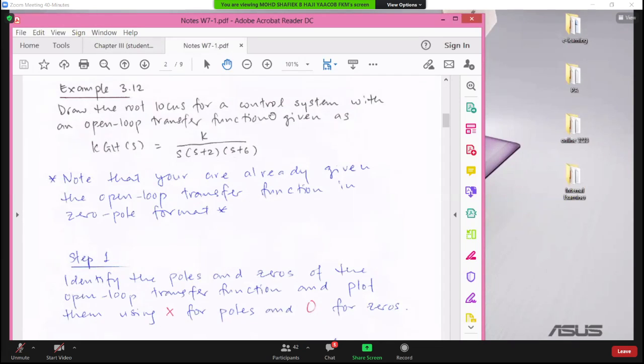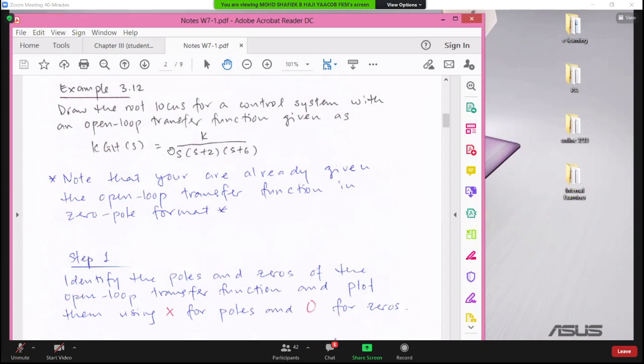Draw the locus for a control system with an open loop transfer function. I've already uploaded the notes on e-learning so that you don't have to copy anything. You just follow the step-by-step description of my notes.